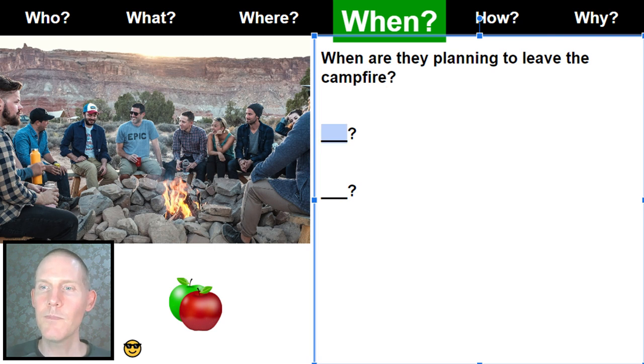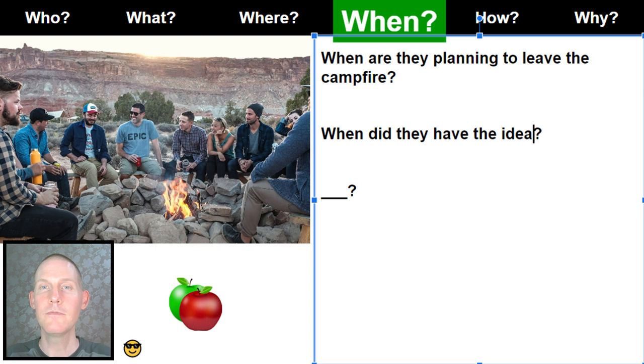Layla Almeida says, when did they combine this meeting? I think we're trying to say, when did they, could be a couple things here. When did they maybe have the idea for this meeting?